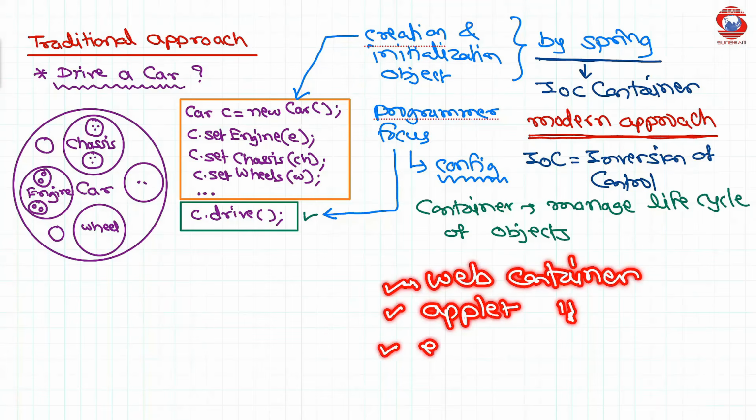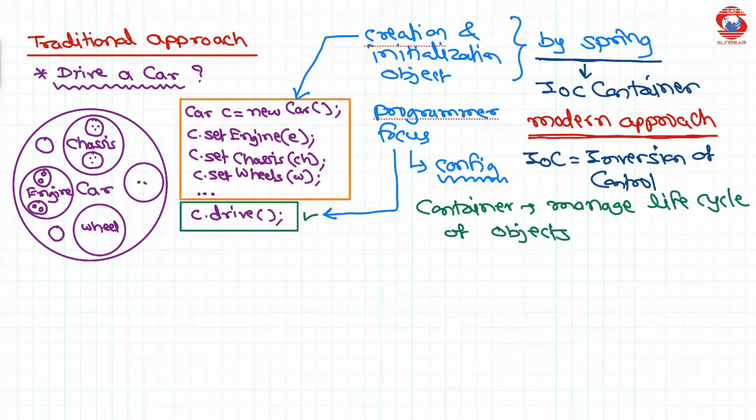Then earlier, we also used to have something called the EJB container. The EJB container is again a piece of a framework, a piece of software which is responsible for creating the objects of EJBs and invoking the different methods of EJBs as and when required, one after another. These are all called containers.